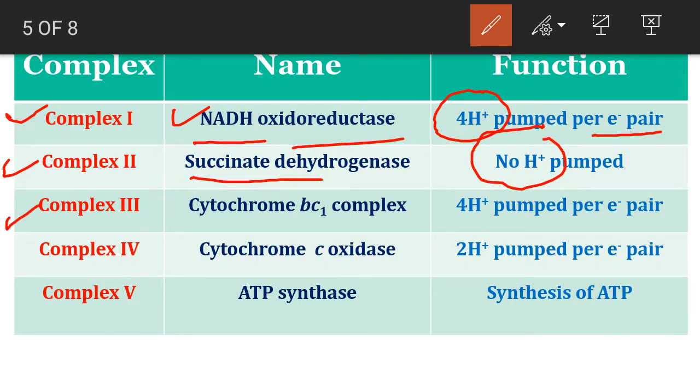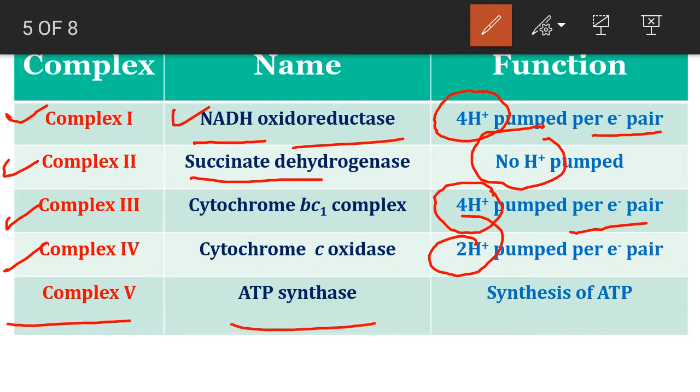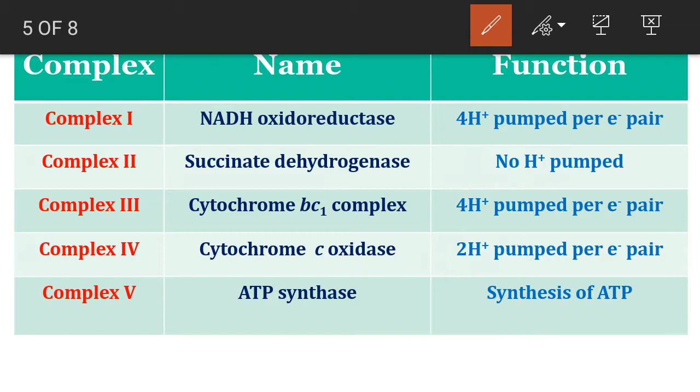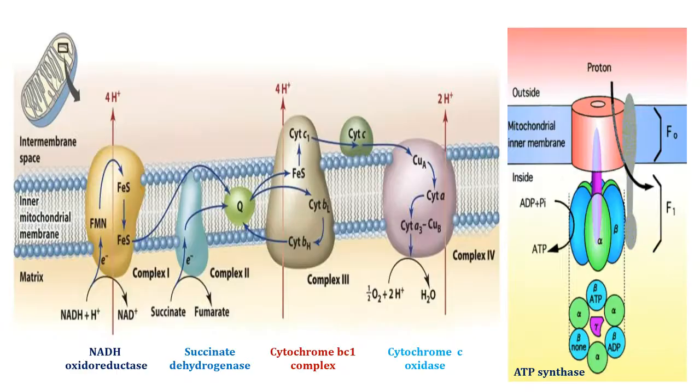Whereas in case of complex number 3, again 4 protons will be pumped per electron pair transferred. At complex number 4, instead of 4, only 2 protons will be pumped. Whereas complex number 5 is ATP synthase, where actually ATP is synthesized. So these are the various 5 complexes with their name and the function involved for the ATP synthesis.